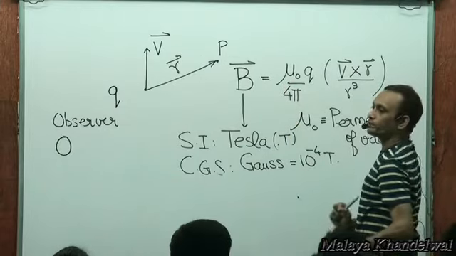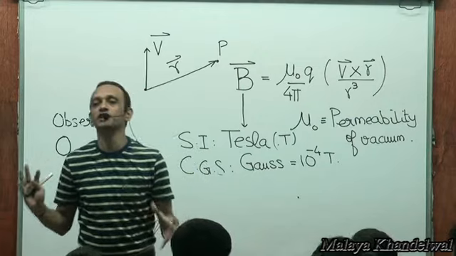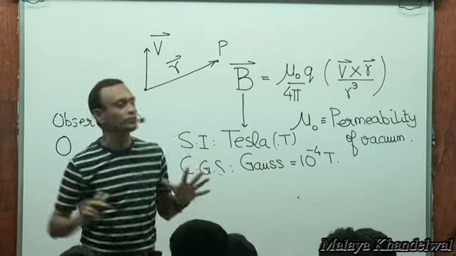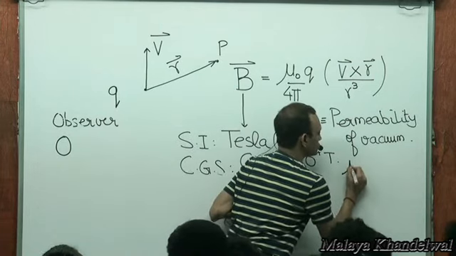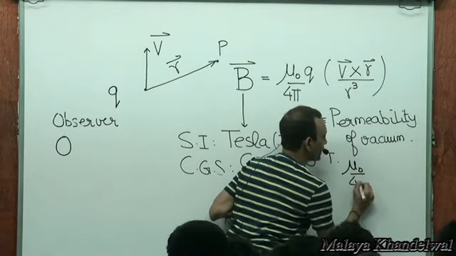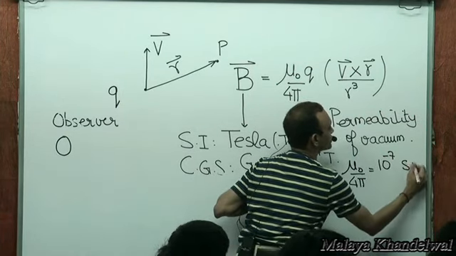This mu naught, of course, there is a lot of connotation around mu naught, but we will not get into too much around that at this point of time. But just a brief mention that mu naught by 4 pi has a value equal to 10 to the power minus 7 SI units.